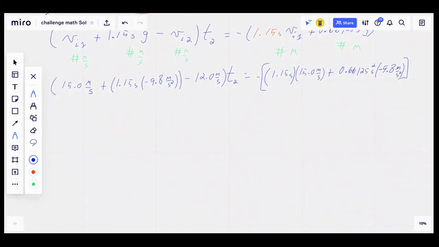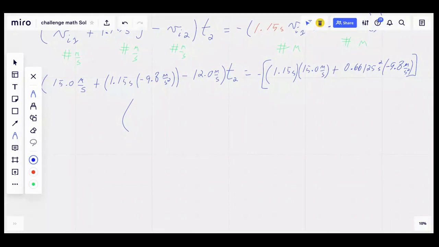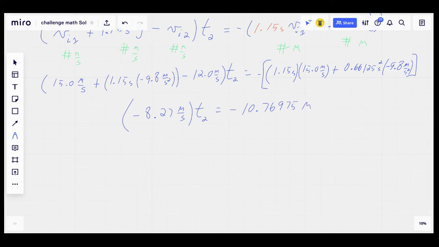So when I do this out, I'm going to get on the left here, I'm going to end up with negative 8.27 meters per second times T2 equals negative 10.76975 meters on the right.